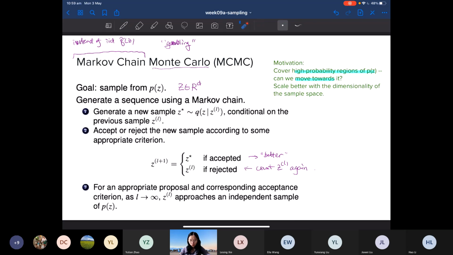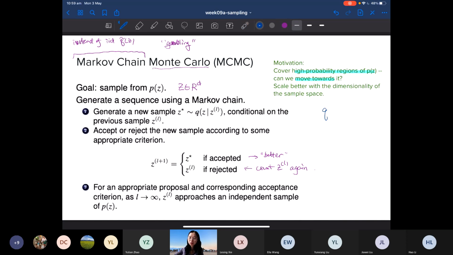The high-level guarantee is that if we have appropriate schemes for accepting and rejecting samples, as L goes to infinity, Z of L approaches an independent sample of P of Z. Basically, if we run this Markov chain sampling scheme sufficiently long, that will give us a new independent sample according to P of Z. So this is quite involved.